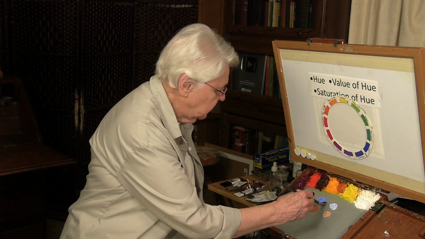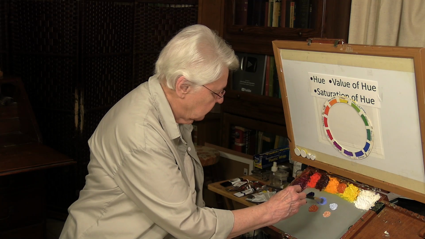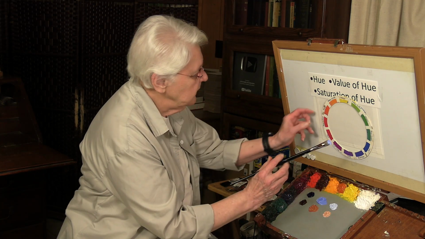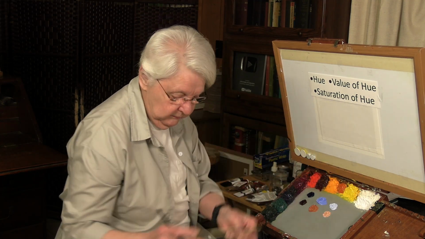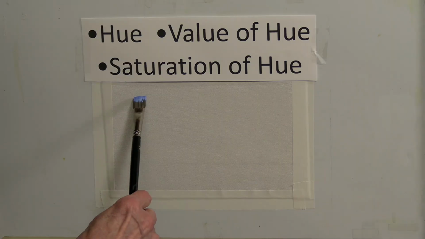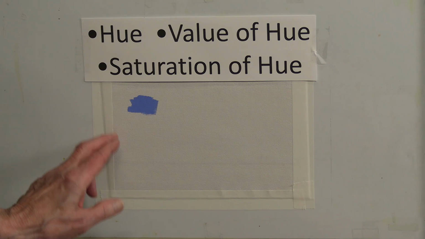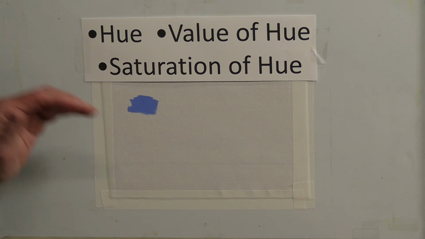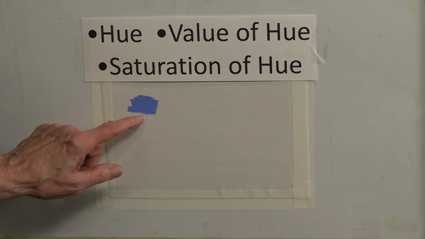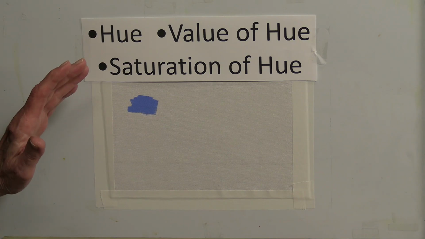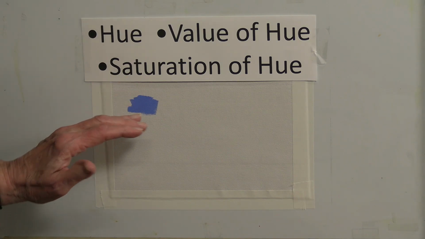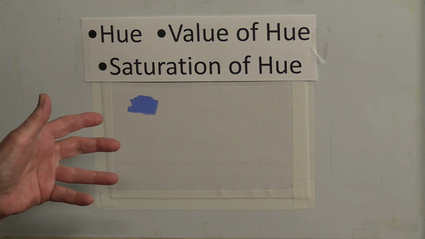So say I just take this color right here, let's just move the color wheel for the moment, and put it right here. I don't have any other colors to compare it with. My eye registers that as blue, and it feels a little bit like blue leaning towards violet, but we don't have to be so specific.